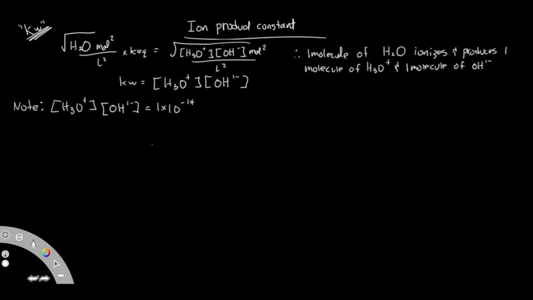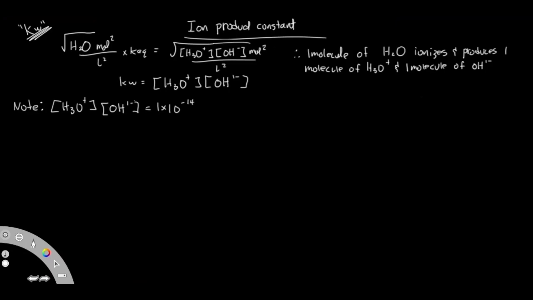Since we deduced that this H2O is equal to our H3O times our OH, and Kw is equal to this H3O times OH, what does this mean? It means that our Kw, equal to 1 times 10 to the negative 14, is the actual auto-ionization of water. Now, what can we conclude?